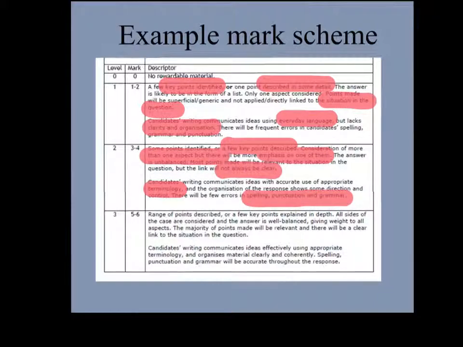Marks 5 to 6. This is the area that we are looking to try and achieve. The range of points is described. There are a few key points explained in depth. All sides of the case are considered, and the answer is well balanced, giving weight to all aspects.